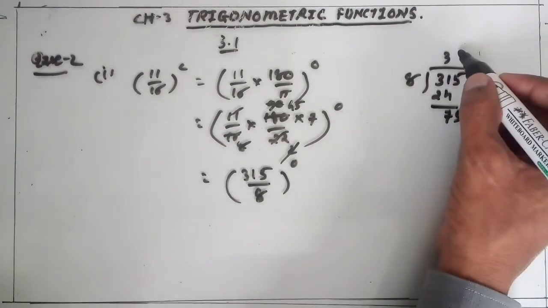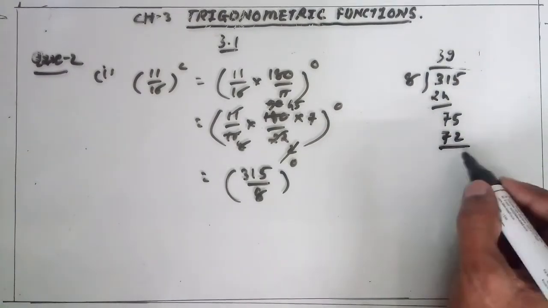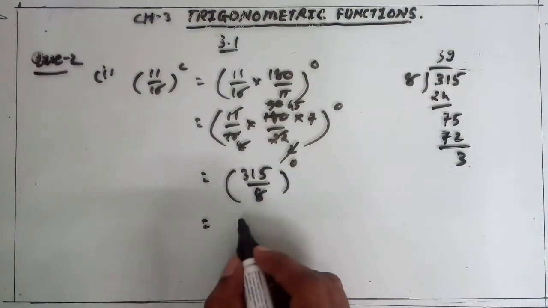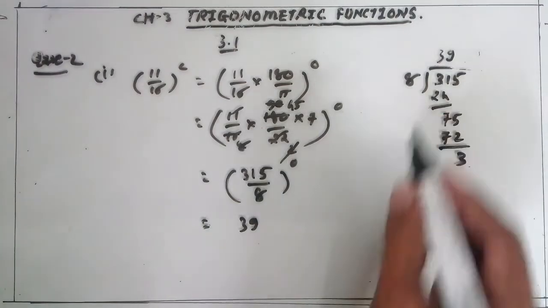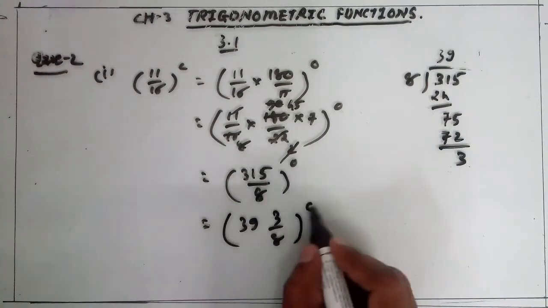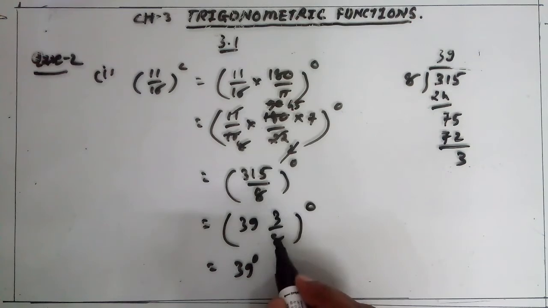Now 9 8s are 72, here 3. So this becomes 39 into 3 upon 8 degree. Clear? So it is equal to 39 degree, and 3 upon 8 degree change into minute form, 3 upon 8 into 60 minute.